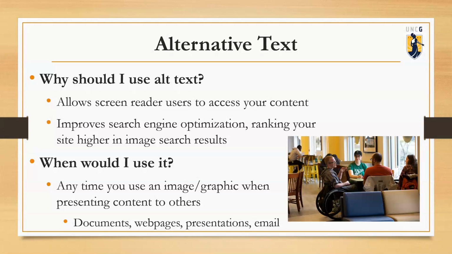For websites, though, it is actually a benefit to provide alt text for your images, because it can improve your search engine optimization, which helps to rank your site higher in image search results. You want to use these anytime you're using an image or a graphic when you're presenting to others, and that includes documents, web pages, presentations, and emails.